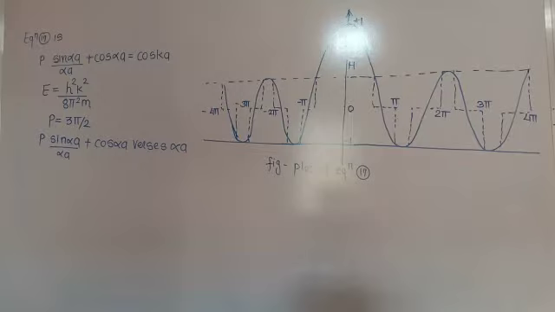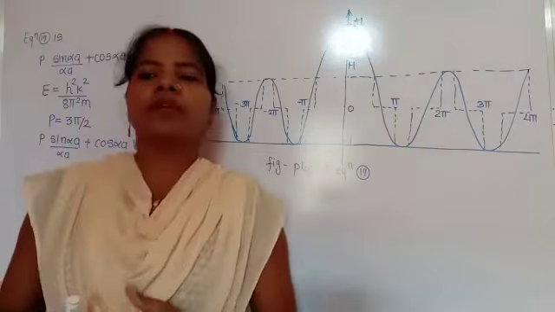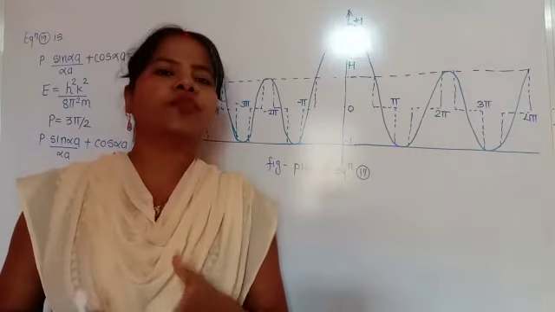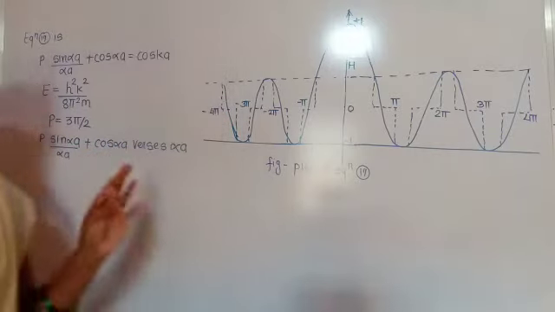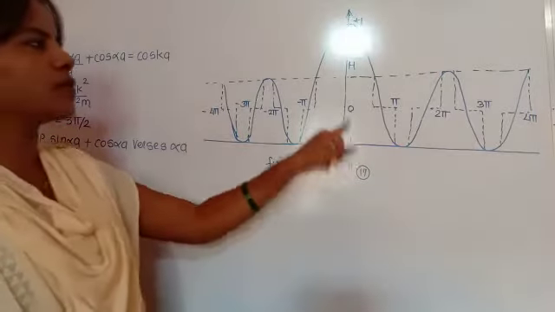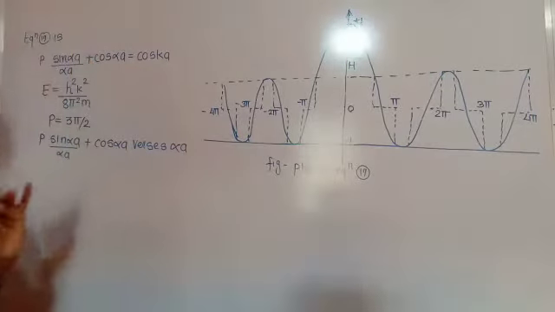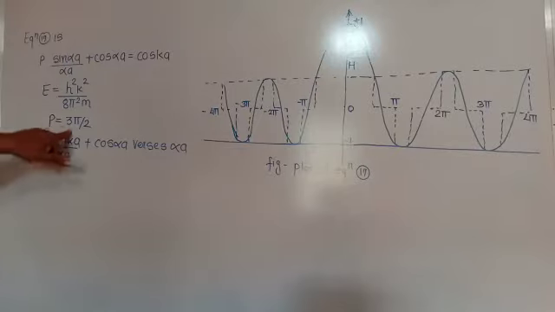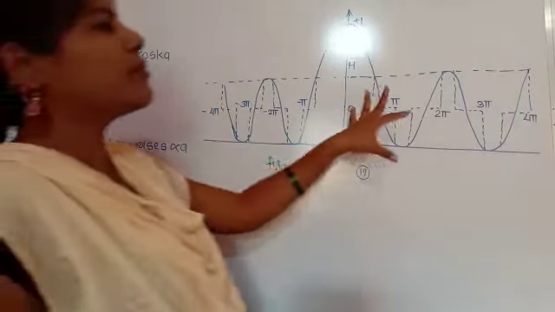Such values of αa follow the equation psi of x equal to e to the power ikx into u of kx. For P equal to 3 pi by 2, we derive this equation for plus 1 and minus 1 only, and we have drawn a minimum of 4 here.